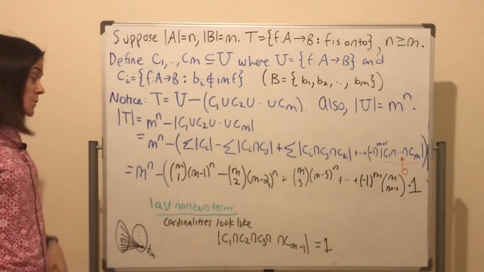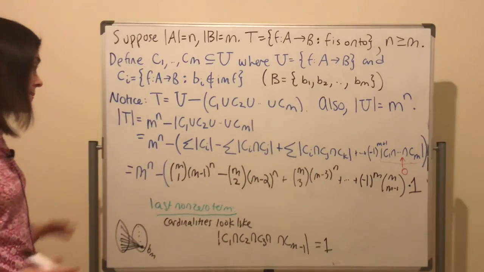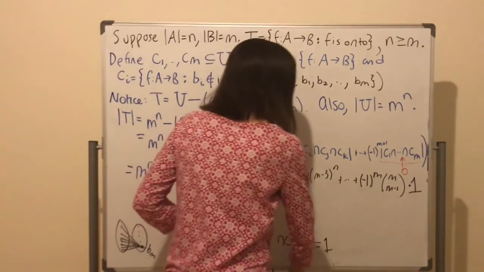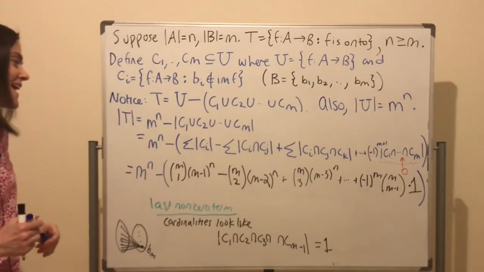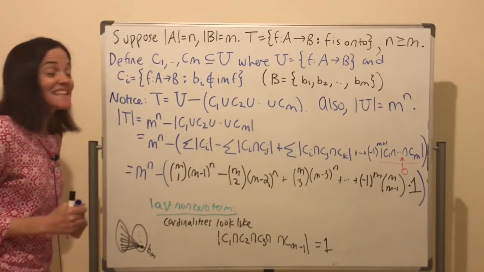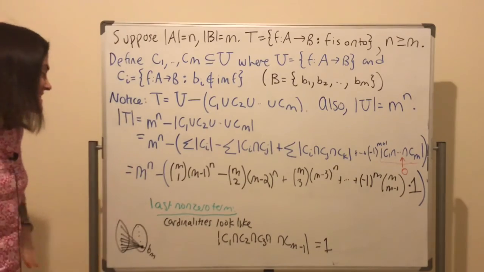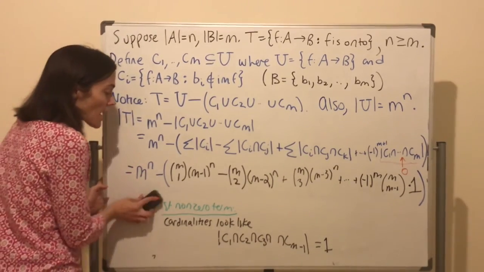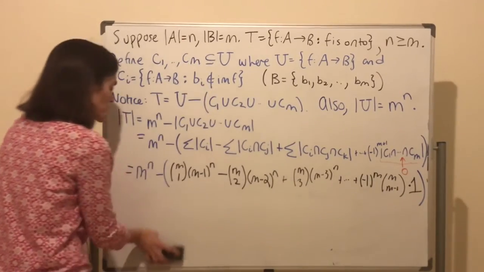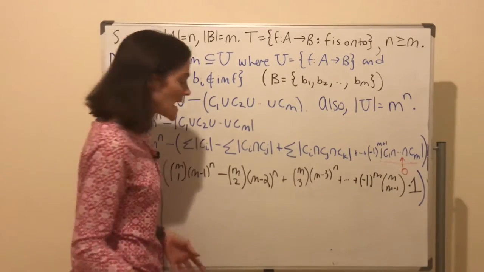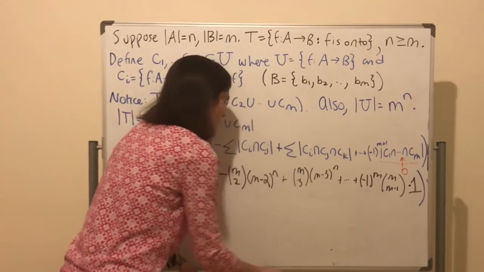This is the last one. Now, then there's a parentheses, which I will also close in blue because I opened it in blue on this side. Well, this is the number of onto functions. Let me erase this comment or our counting argument about the last non-zero term, and I will make one more step, and then that will be about the end.